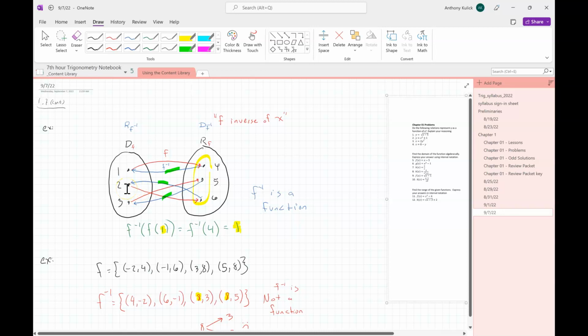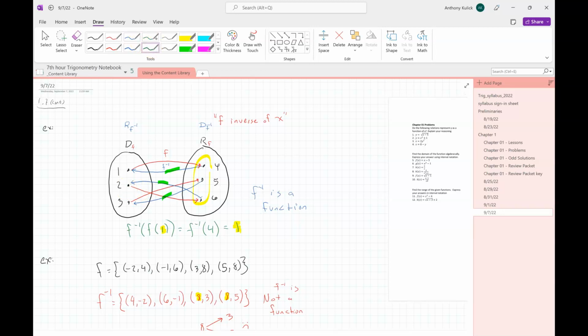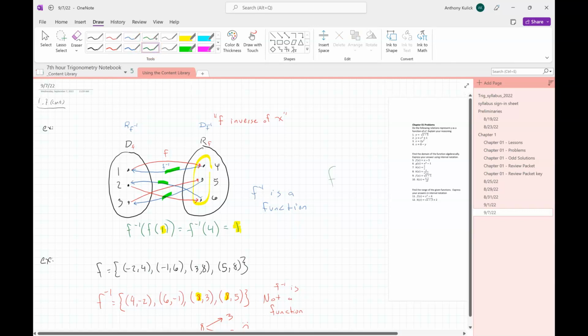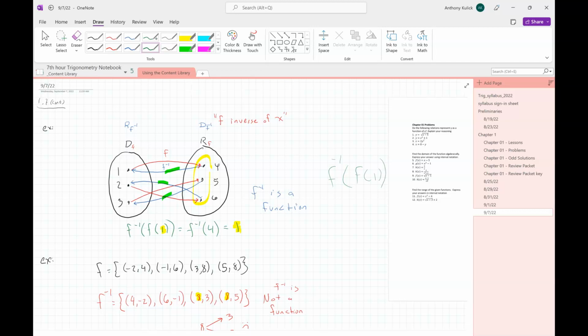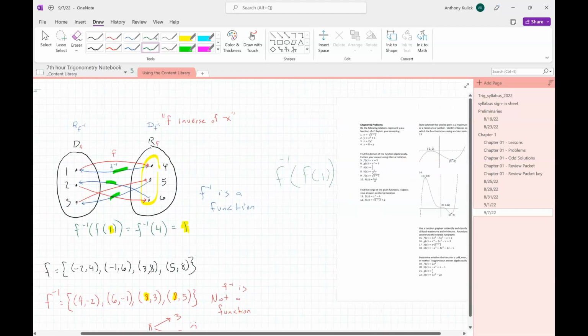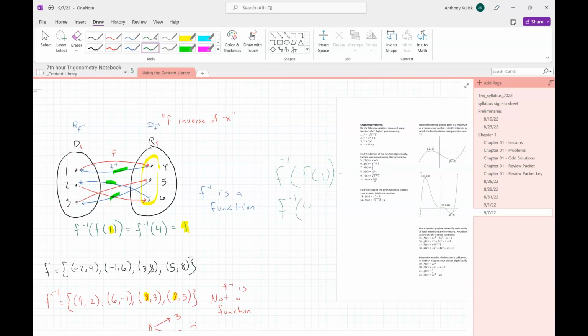And what we wanted to notice here was that if I did f inverse of f of 1, what's going to happen here? Well, f of 1 sends 1 to 4, and f inverse sends 4 back to 1.